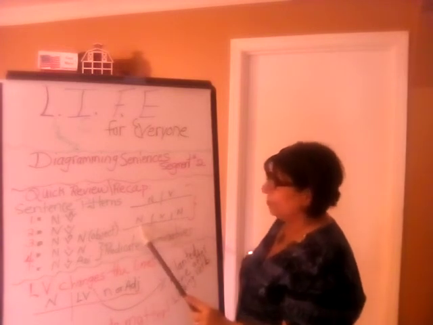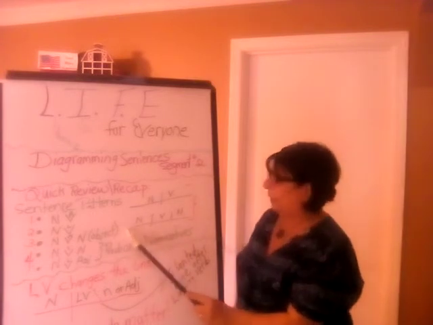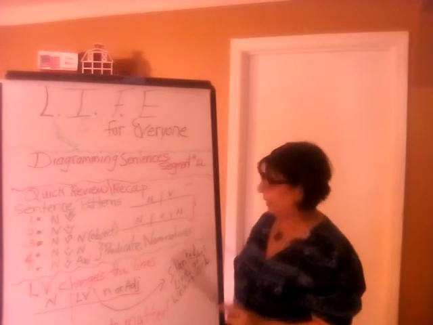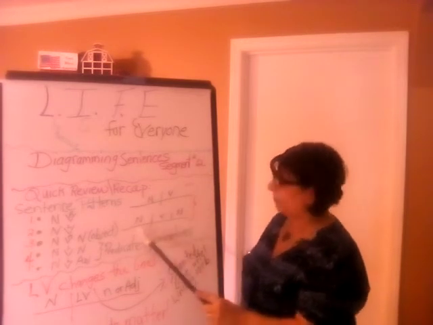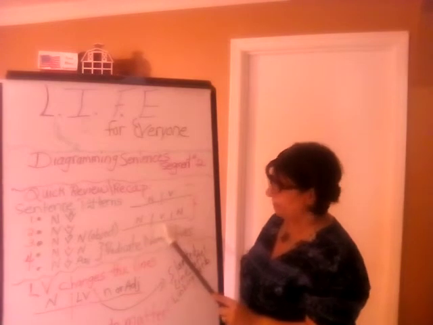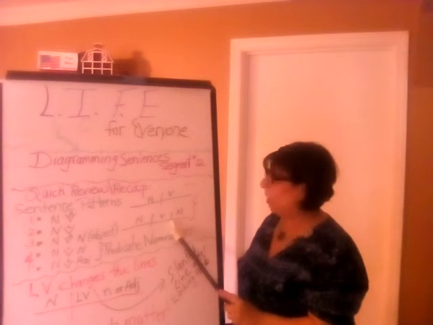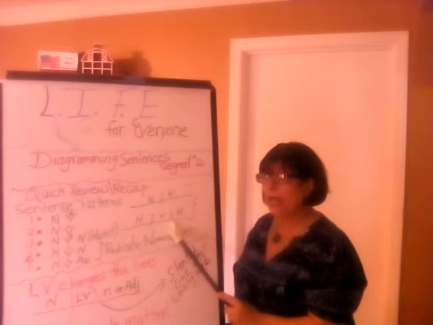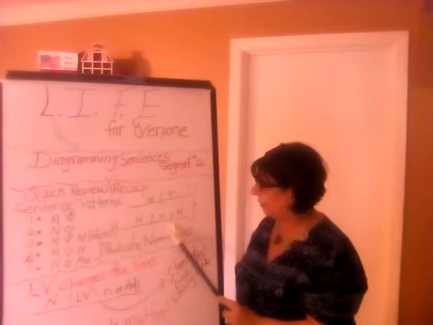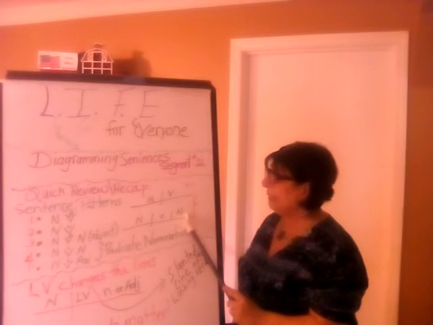Diagramming a sentence for pattern number 3 would look like this. You would have your basic horizontal line, your intersected perpendicular line separating the main noun and the main verb, followed by a shorter perpendicular line that does not intersect the horizontal line, indicating that what is to follow is a noun.